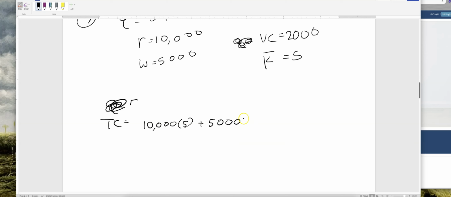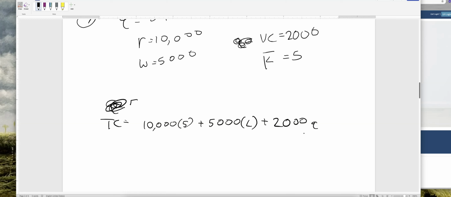Plus 5,000 times the number of workers, which we don't know, so it's just going to be L, plus 2,000 times the number of engines built. That would be our variable cost there. Now, the problem here is we have two unknowns. We have L as an unknown, and we have Q. So we need to get rid of an unknown. The question is, how do we get rid of it?